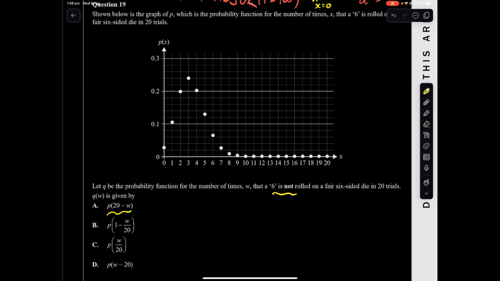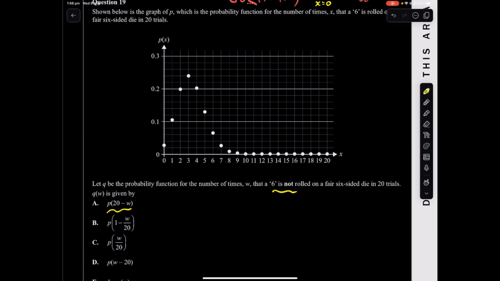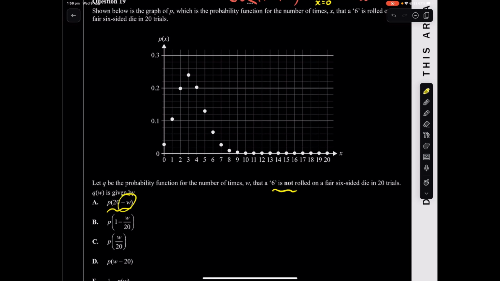Here, they've given us options. Let's look at the first one. P is first reflected along the y-axis. So this point will look like this over here. It'll go like this, and so it'll look like this.